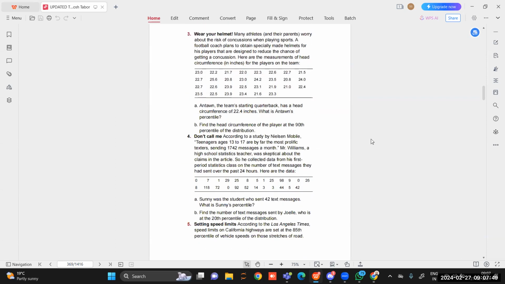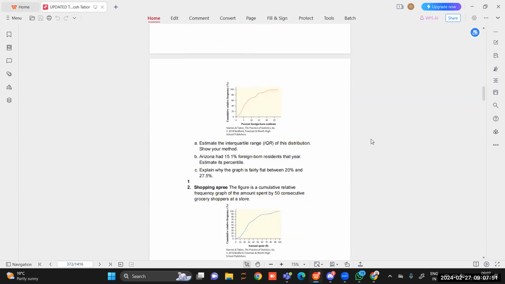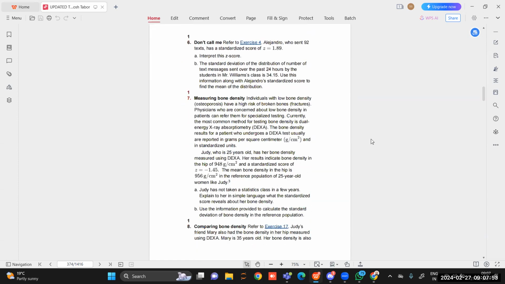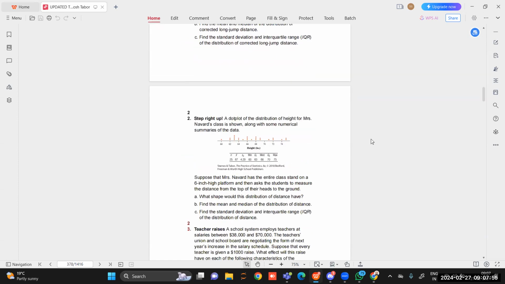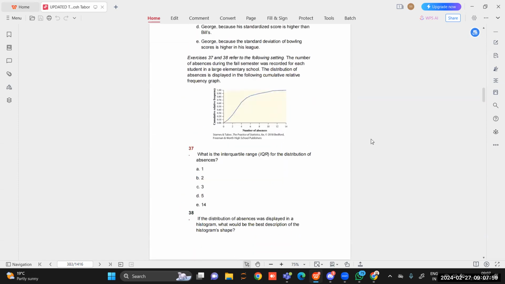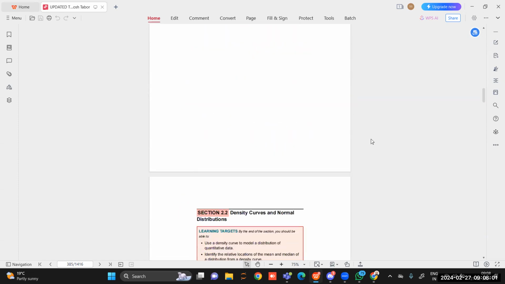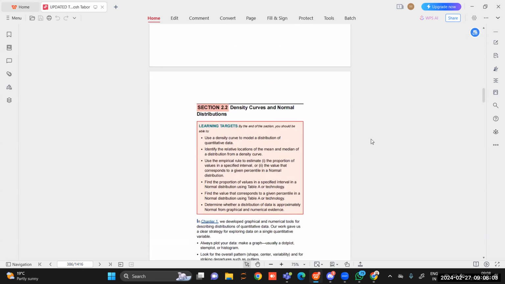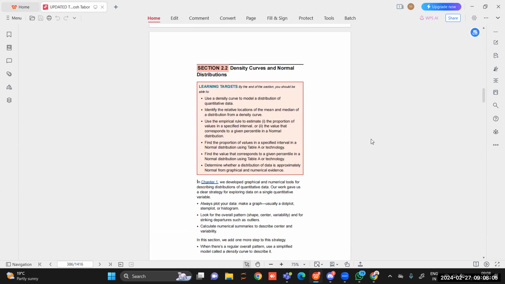Okay. So this was the exercise. Okay. Density curves and normal distribution. It's very important.